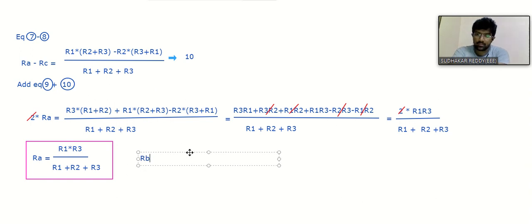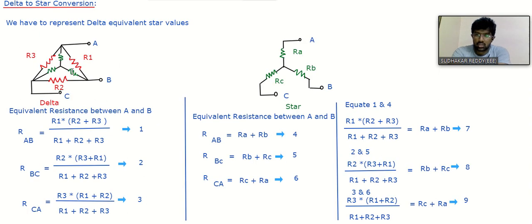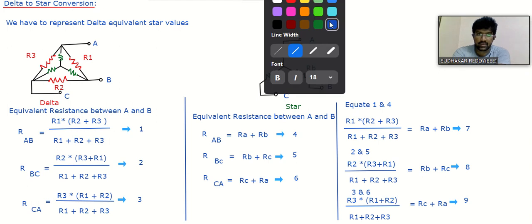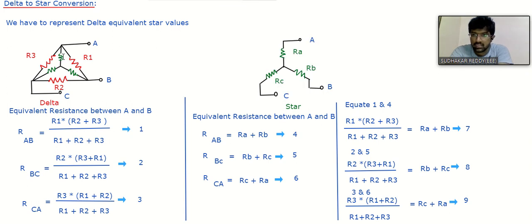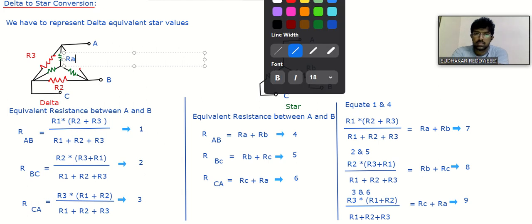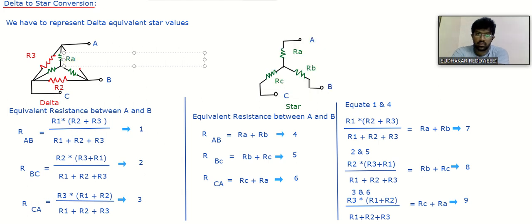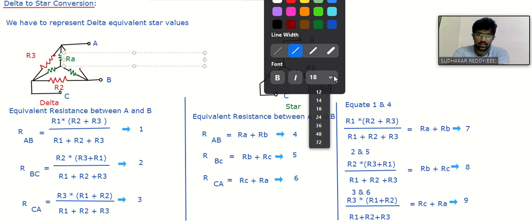You can observe here how the RA value we can guess from the connection. This resistor is RA actually. I will reduce the font so that it can fit there.